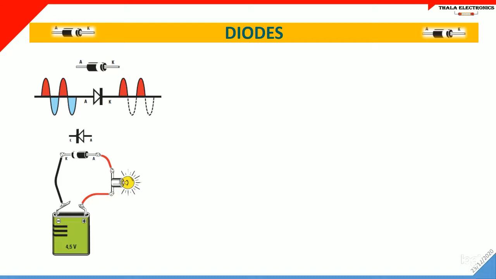Okay. Now, when we supply the diode with alternating voltage at the cathode, at the output of our diode, we get only the negative half waves. All the positive ones are suppressed by our diode.